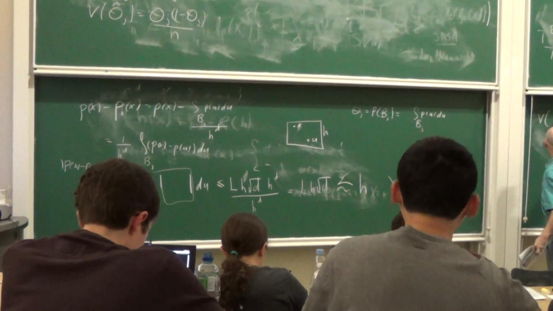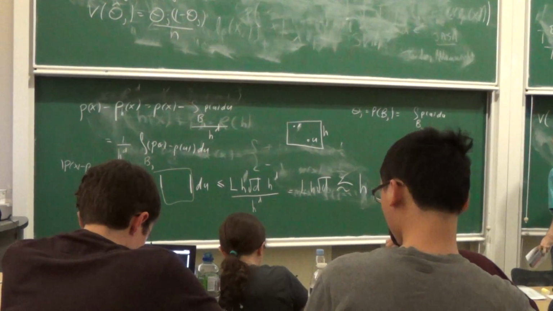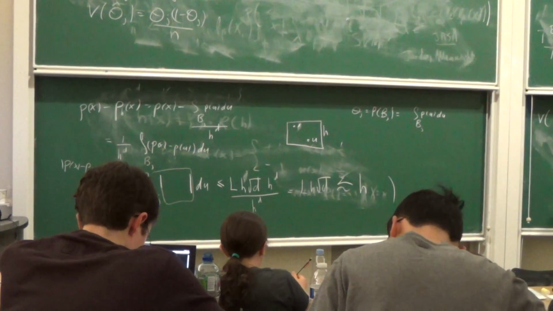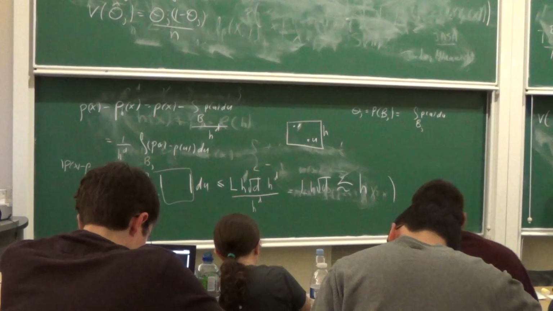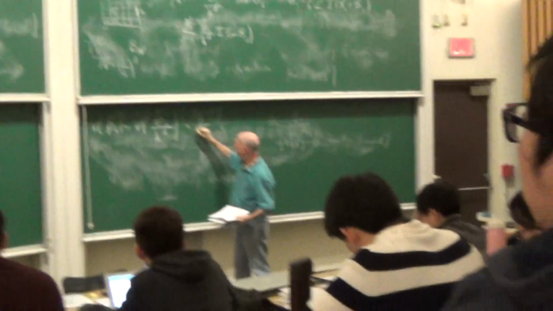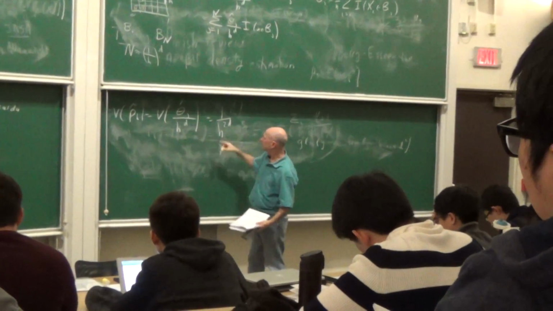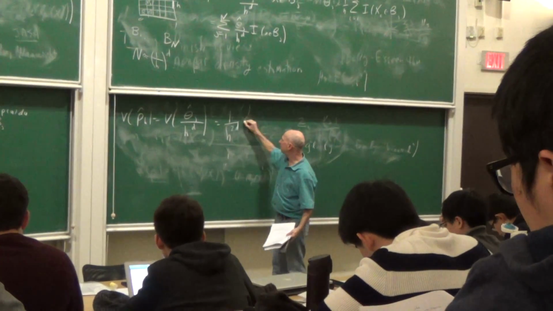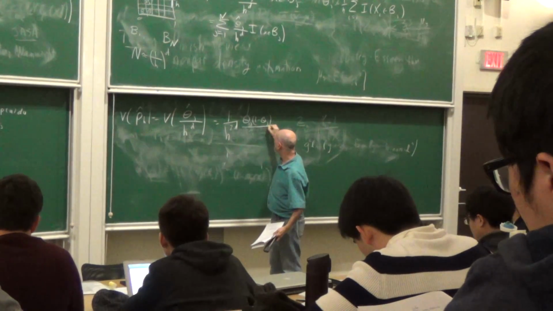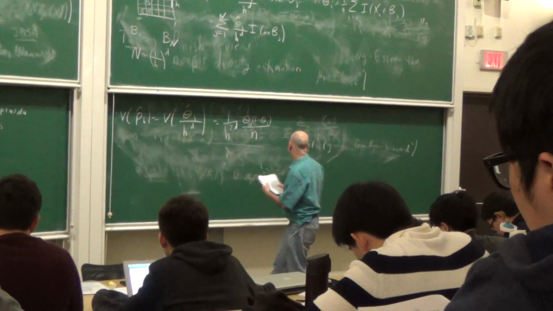So the variance of p hat is the variance of theta hat j over h to the d. The h to the d comes out and gets squared. And theta hat j has variance theta j times 1 minus theta j over n.